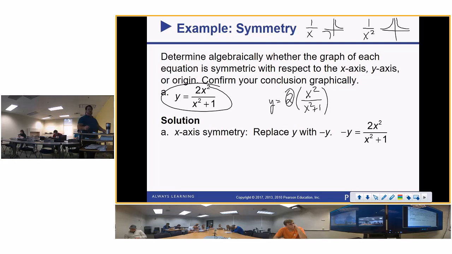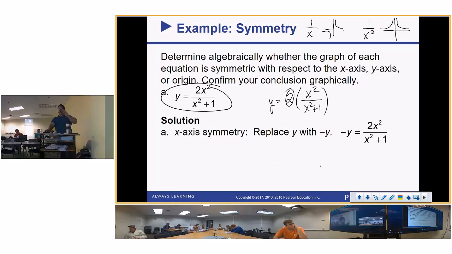And make sure you can graph this on your calculator because I'm not going to ask you to graph it by hand.